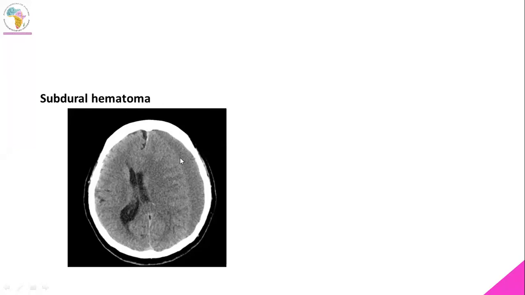The subdural hematoma has different explanations for its pathology, but one theory is bleeding from the bridging veins. So the subdural hematoma is caused by a minor trauma that leads to a tear in the bridging vein, especially in the elderly, leading to a collection of blood in the subdural space.